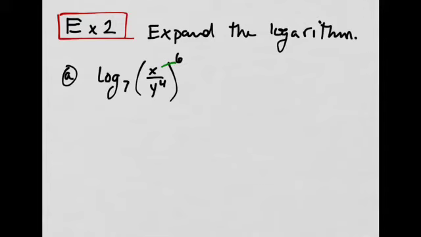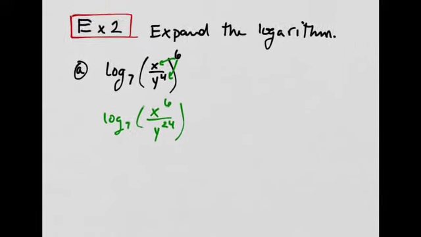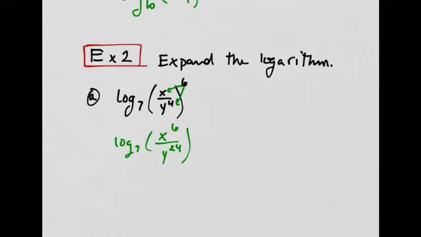Right now I can put the exponent, just using my exponent rules, on both things on the inside. So I would have log base 7, and I actually would skip these steps, but I'm showing you. It's an example. Remember, when you have an exponent and an exponent on the outside of that, you multiply, so this would be y to the 24th in there. And then, so that's just using exponent rules.